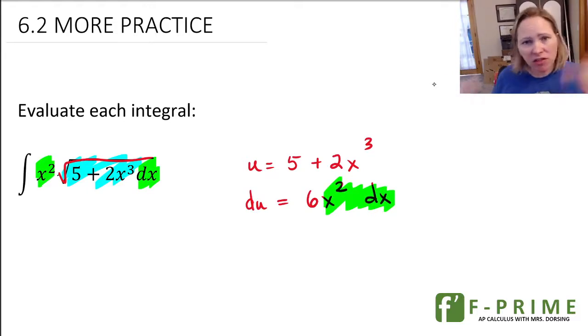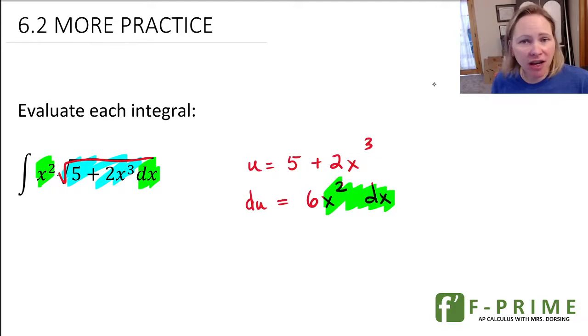So that's a little self-check, and we'll be talking about that every time we attack a problem using U-substitution. We identify what u should be. It's always the stuff inside of another function. And then when we find du, the derivative of that inner function, part of that, in particular the x, the variables with dx, should show up in the integral. So highlighted in green, they show up.